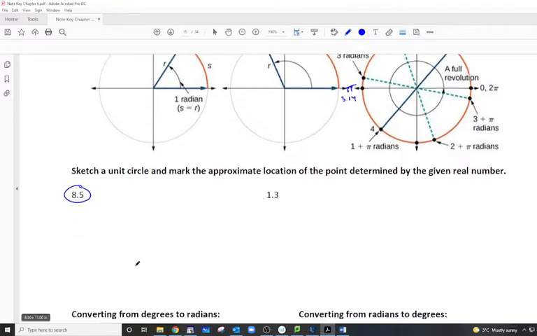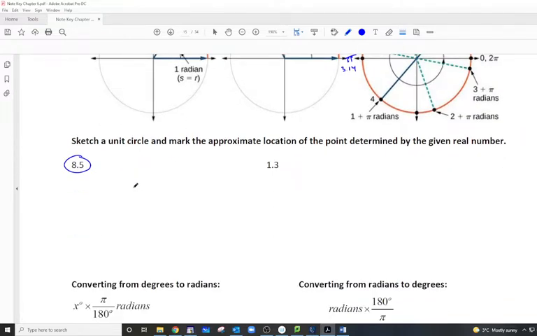All I'm trying to get across to you is that if I was to put into this circle, instead of putting pi by 6, pi by 3, pi by 4, pi by 2, the actual numbers, pi is 3.14.